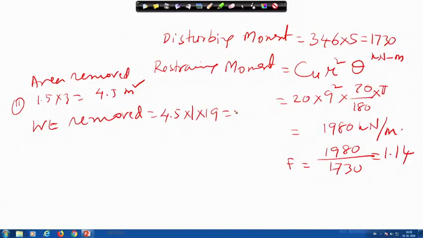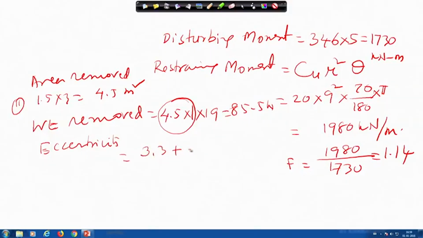So, 4.5 into 1 is the volume, and multiplied by unit weight, that gives you 85.5 kilonewton, and the eccentricity of that mass will be equal to 3.3 plus 1.5 by 2, this is actually 5.7 meter.